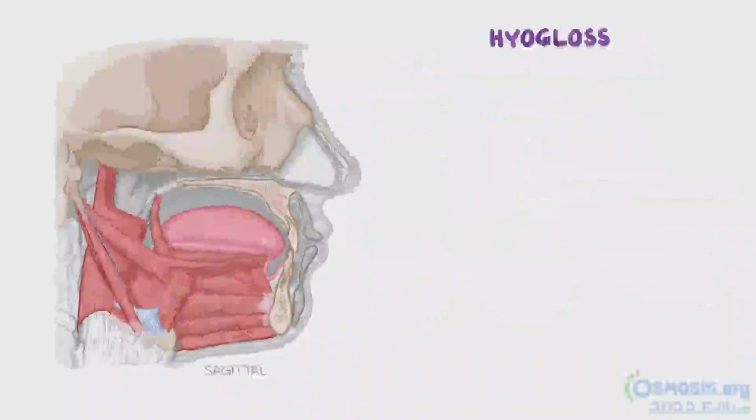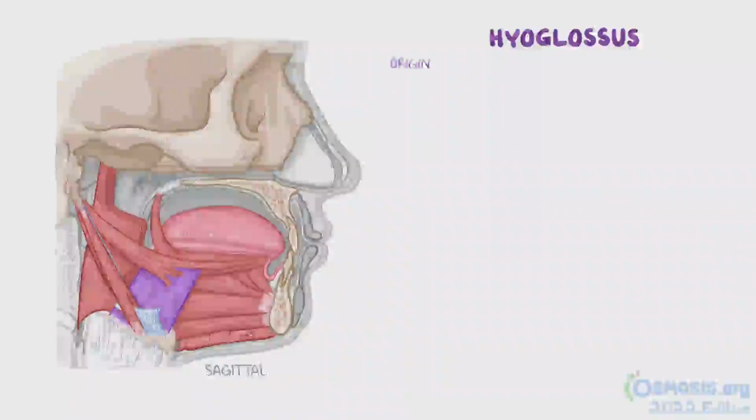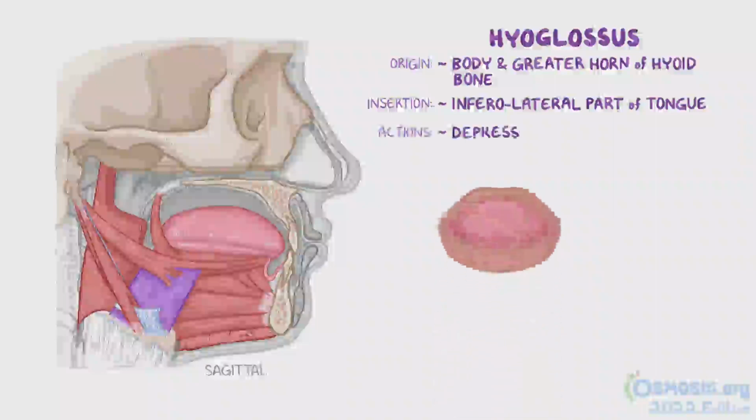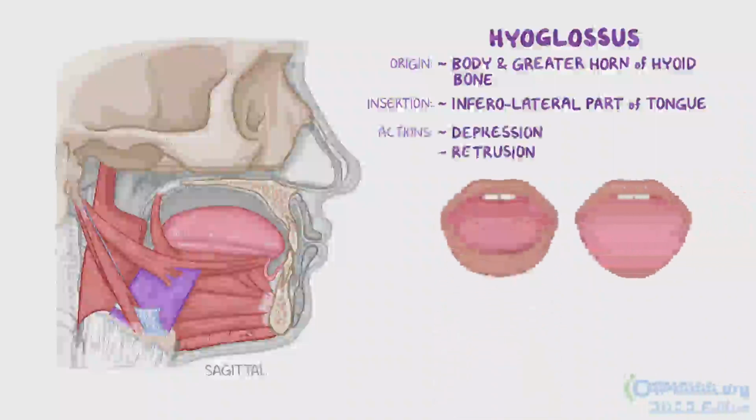The hyoglossus sits posterior to the genioglossus, and it originates on the body and greater horn of the hyoid bone. It then goes on to insert on the inferolateral part of the tongue. Its main role is in tongue depression and retrusion.